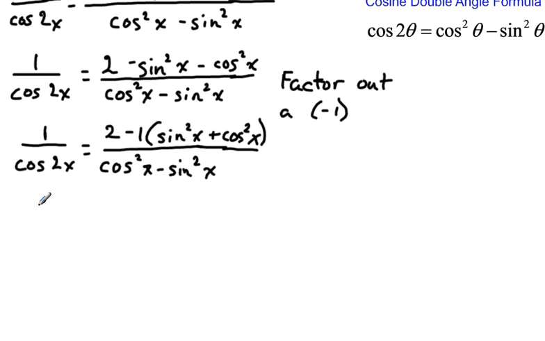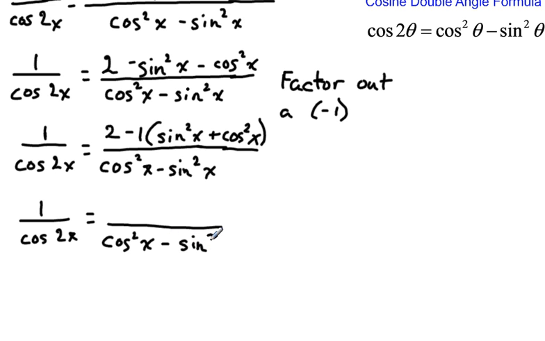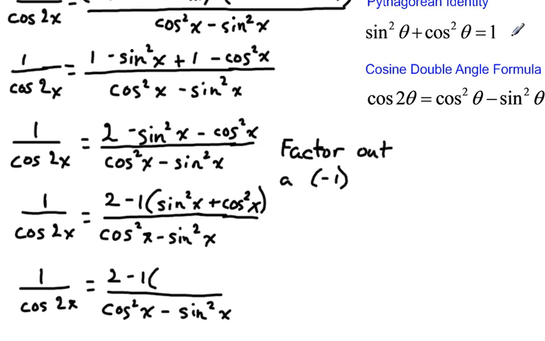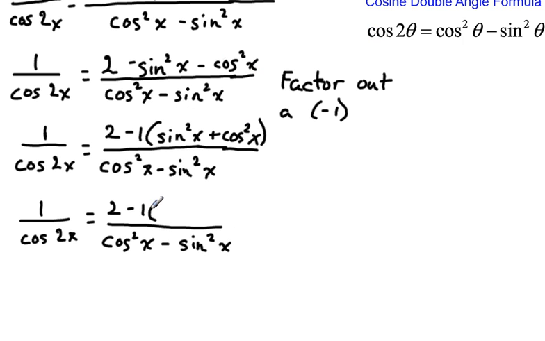Okay, next up, once again, we rewrite 1 over the cosine of 2x, and we rewrite the denominator once again, so cosine squared x minus sine squared x. We rewrite the 2 and the -1. Remember that sine squared plus cosine squared equals 1, so inside these parentheses, we're going to replace that with a 1.